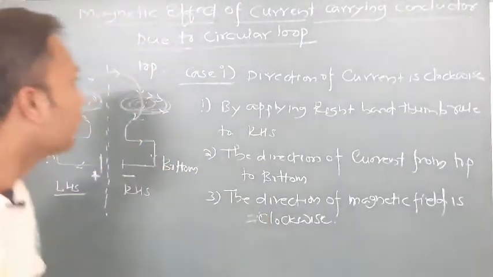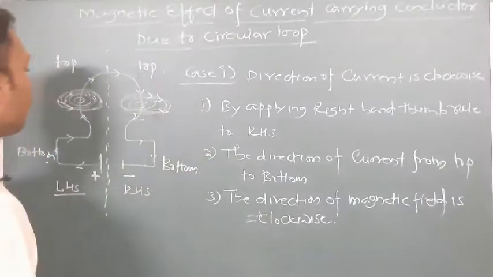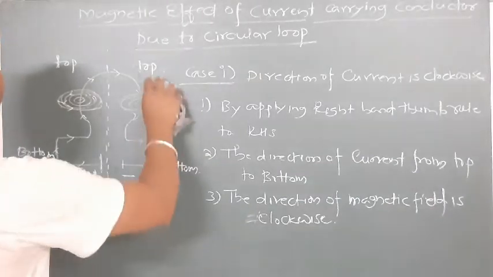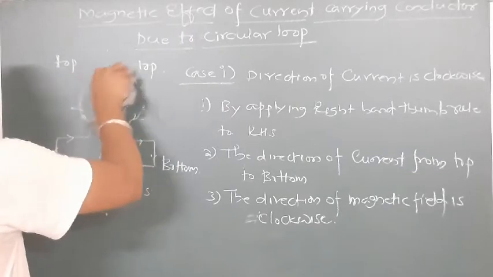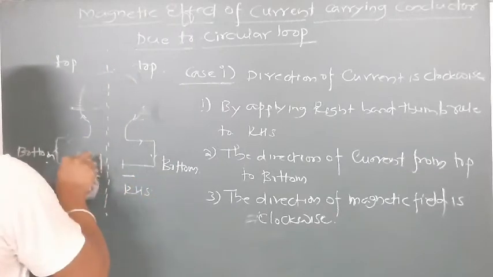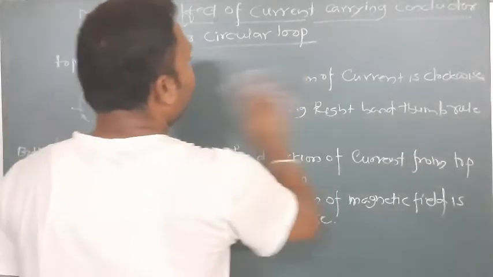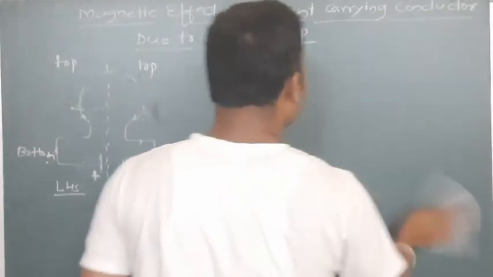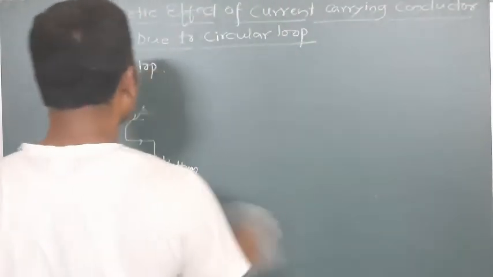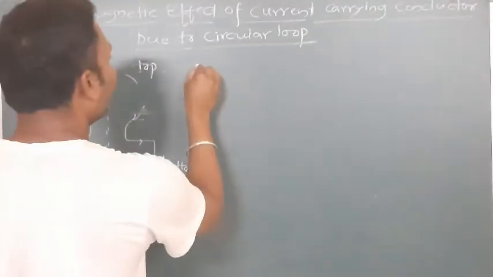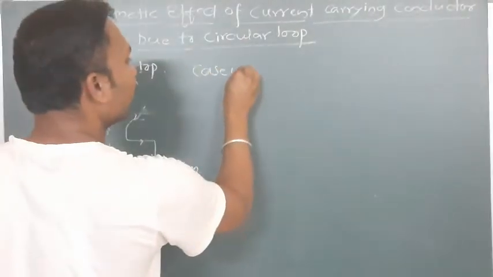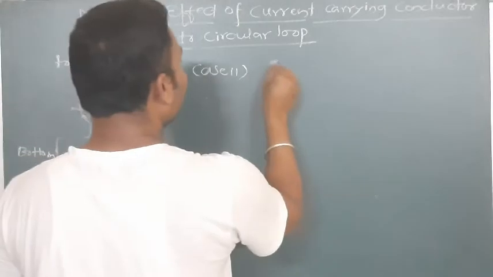Now see, next we have case 2, okay. In case 2, I will rub all these things. So case 2 now, I'll change this one. In case 2, I'll change the direction of current.